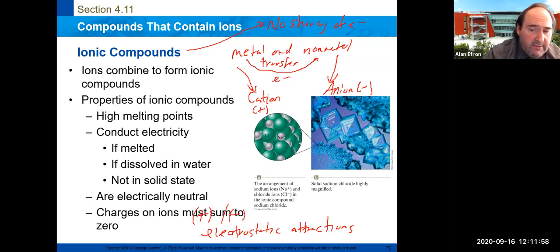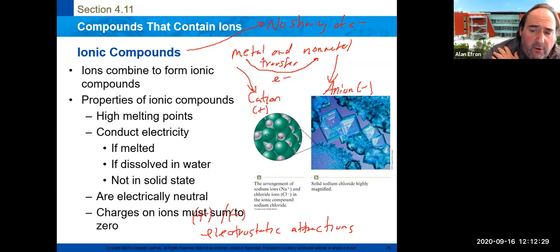If you take a metal by itself or a non-metal by itself from the periodic table, it has no charge, and it will only gain a charge when they come together, the positive charge and the negative charge.